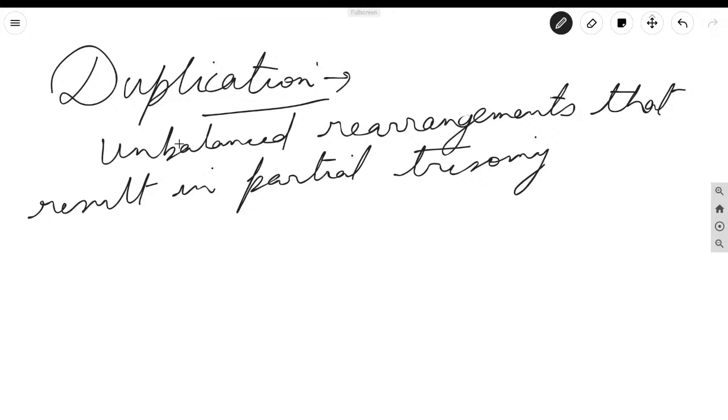Now, they are believed to result primarily from unequal crossing over, especially in regions of the genome where repeat sequences are found. That is how duplication of a specific DNA region happens.